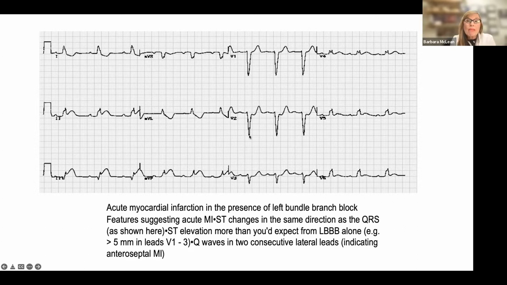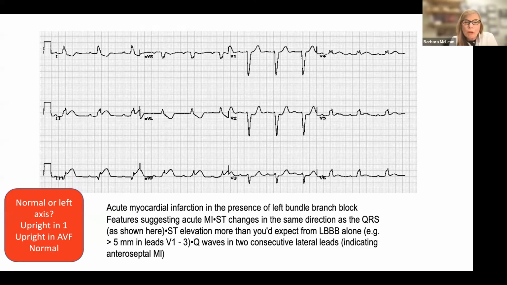And I see that despite having a left bundle, and I would have expected to see ST elevation in V1, V2, and V3, I have ST segment depression. I'm having an acute myocardial infarction, which might have been masked by the fact that my patient had a left bundle branch block. Okay, all right, very good.